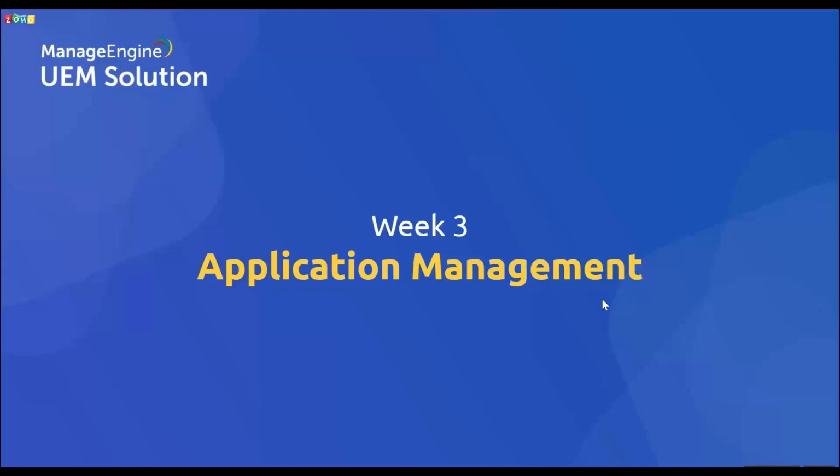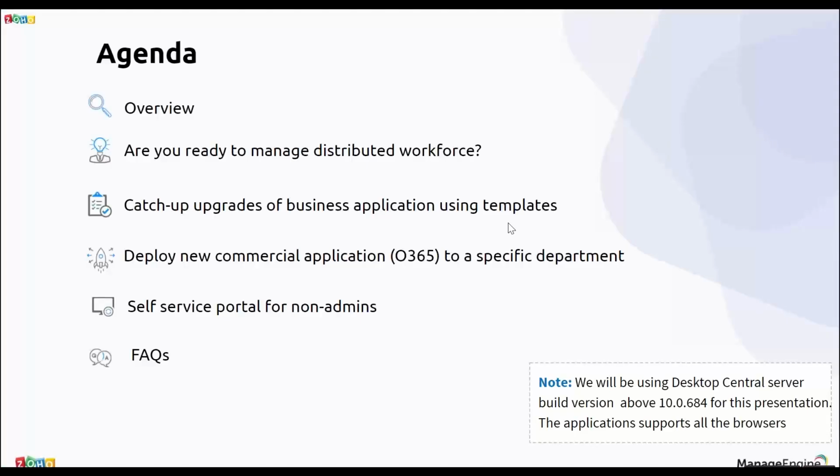Let's look at software deployment today. Let me quickly talk about the agenda of what we are going to discuss. We'll be talking about an overview of what Desktop Central is all about. We'll talk about a distributed workforce and how we manage it, with some examples.